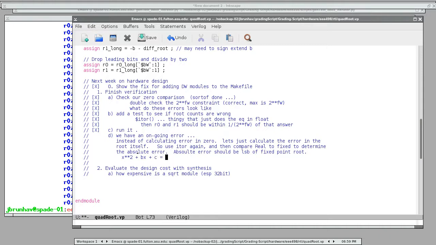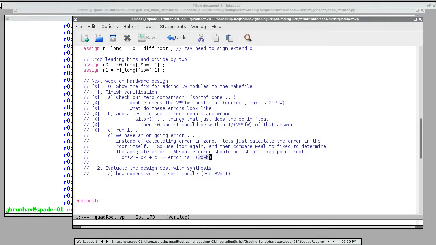So the error here, if the LSB is off, we're going to be off by 2x plus b. Yeah, that's right. So the error is 2x plus b.